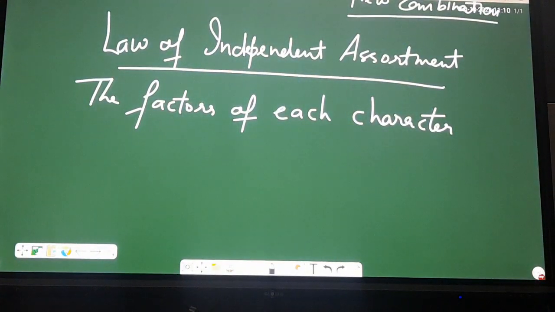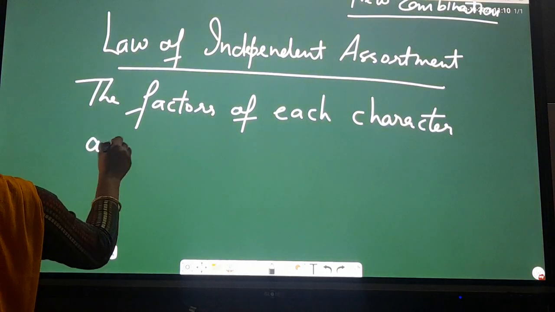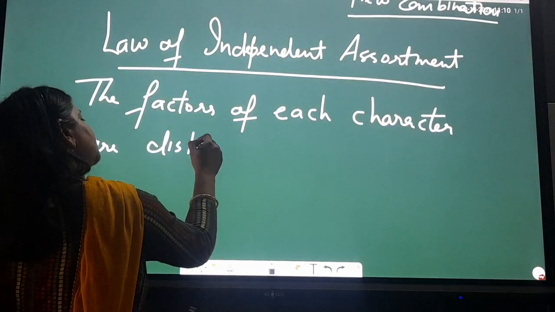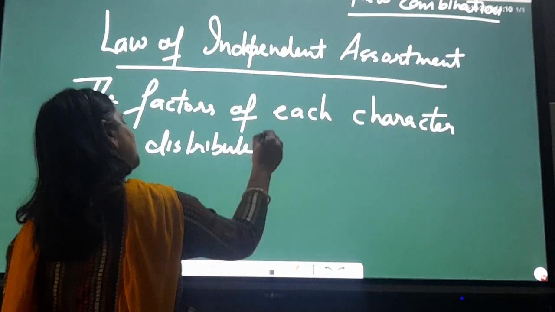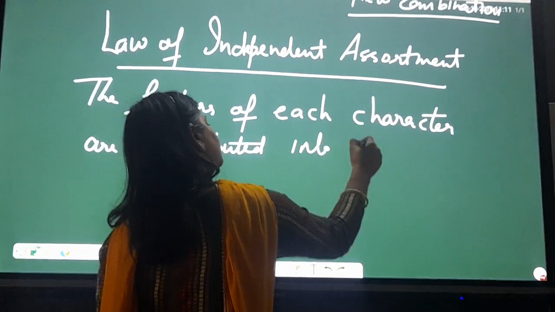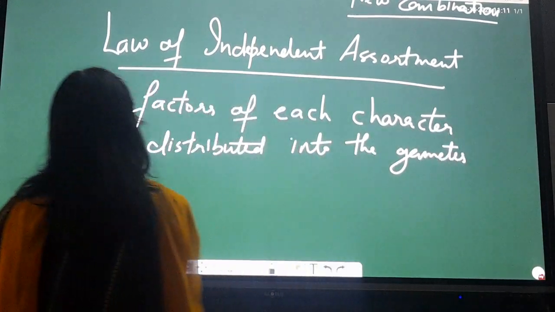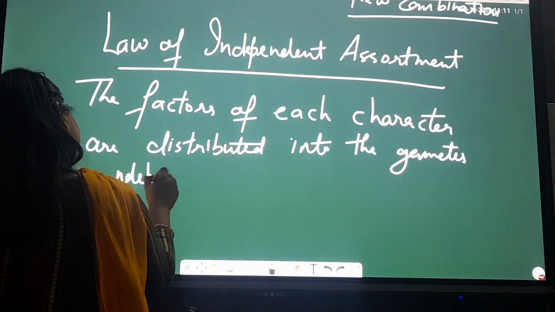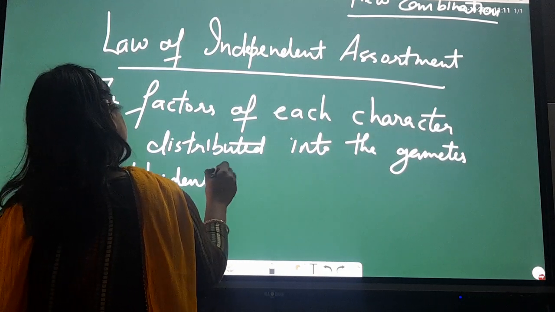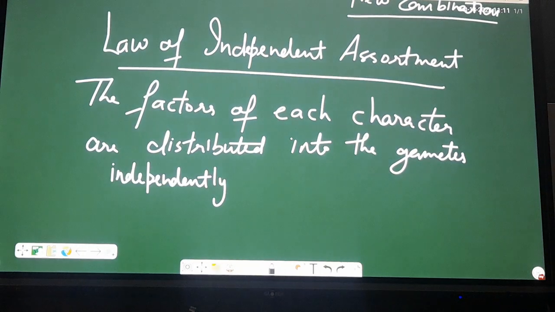The law of independent assortment states that the factors of each character are distributed into the gametes independently, to make the new combinations.